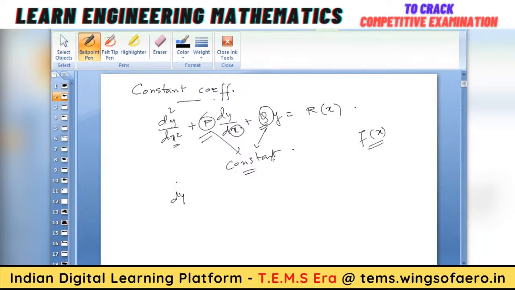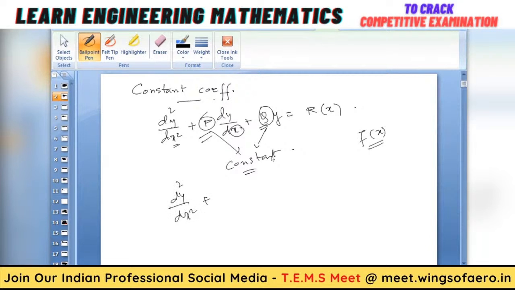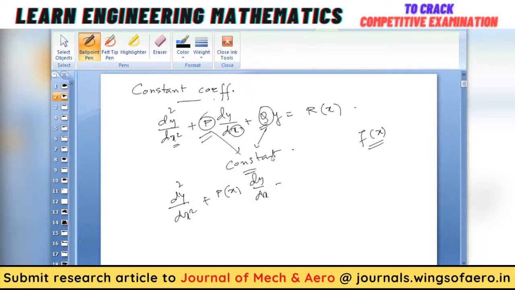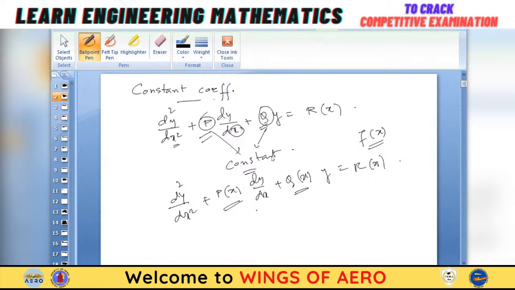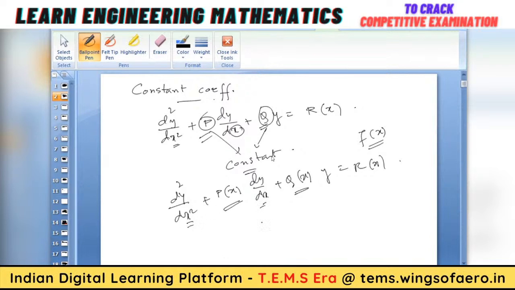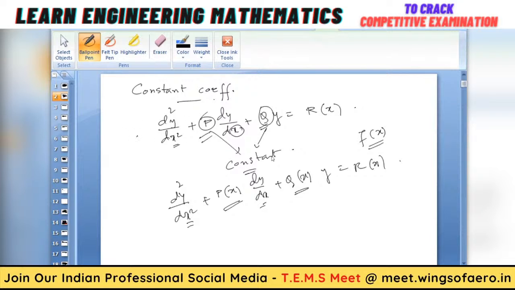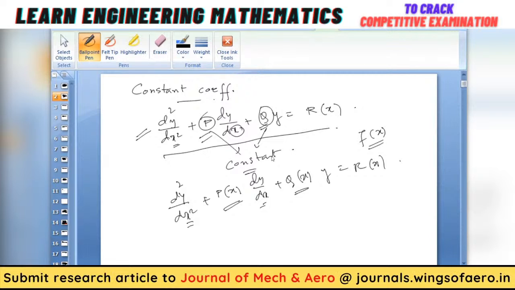As an example, d2y/dx2 plus p(x) dy/dx plus q(x) times y is equal to r(x). Here these coefficients are variable and vary over the independent variable x. Remember that the rules are only effective for constant coefficient differential equations, and not for variable coefficient ones.